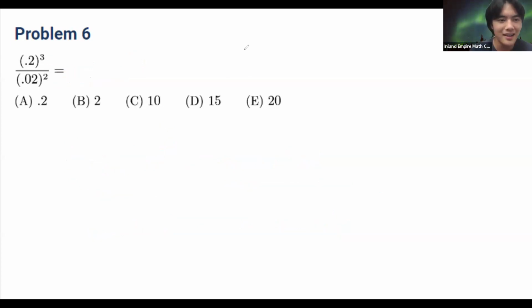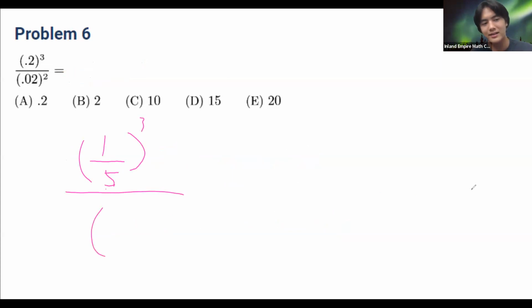So yes, that is the right answer, but just missed a couple decimal points. Yep, no worries though. Another way you can solve this without worrying about all these decimal points is to convert it to fractions. So what's 0.2 as a fraction? It's 1/5, right? So you raise that to the third power. And then what's 0.02 as a fraction?